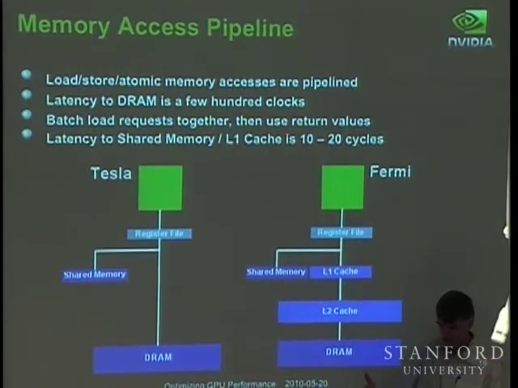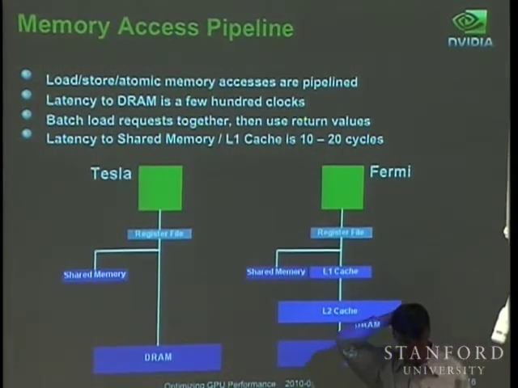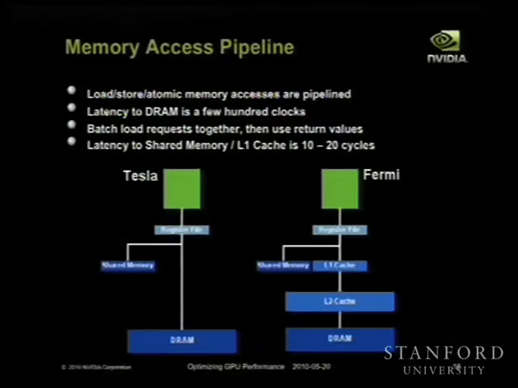So like if you say value 1 gets global memory address 1, value 2 gets global location number 2, then those two loads get batched together and it just pipelines all the way down, brings it back, puts it in the register file. And then if you consume it in the registers with math operations, you'll get the good effect of batching those loads together and pipelining them. And that helps you cover up the latency to DRAM, which is on the order of, say, 200, 300 clocks.